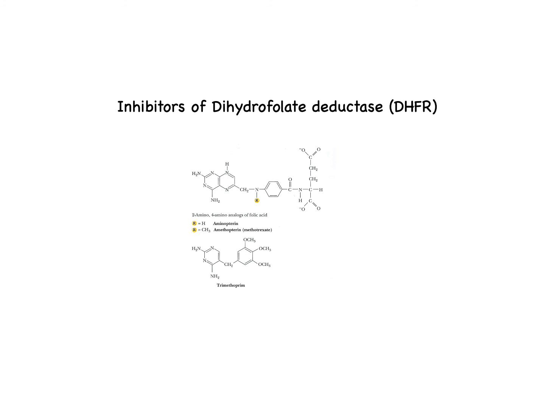And this was the first housekeeping gene, or gene that was expressed at very low levels in different cells, to be isolated. And the way that was done was to take cells, in this case mouse cells, that made a lot of dihydrofolate reductase RNA, convert that into DNA, cDNA, or complementary DNA, and add it to E. coli, and then select for those cells that could grow in the presence of trimethoprim.